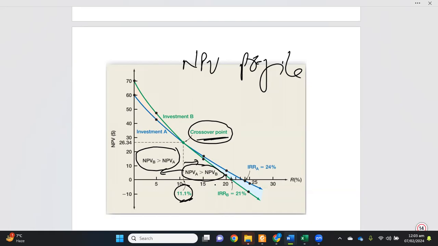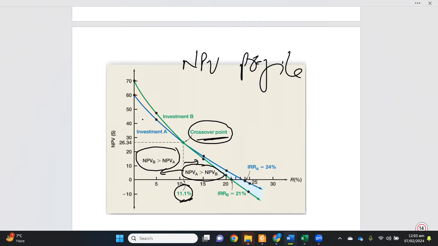The rule of thumb here is that we prefer the project which has major cash flows in early years, meaning its payback period will be shorter. Having higher liquidity, it will be more preferred.